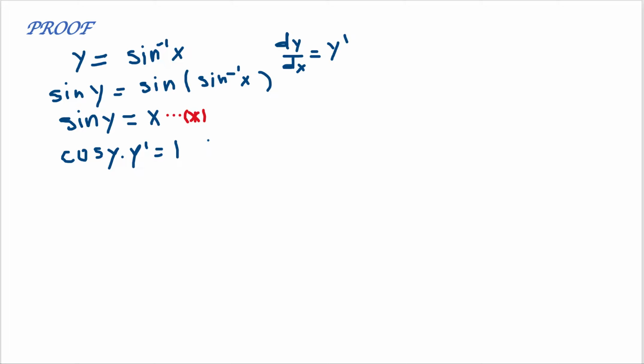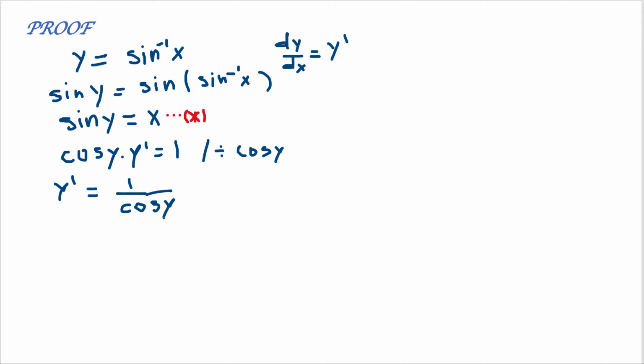And now everything here I'm dividing by cosine y. If I'm dividing everything by cosine y, then we are going to get as follows. The derivative of y is going to be equal to 1 divided by cosine y. And now we are in this step here.